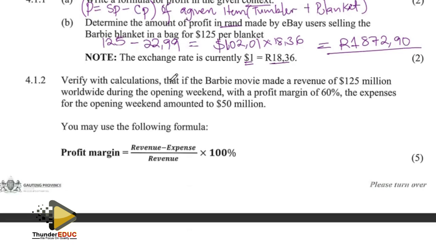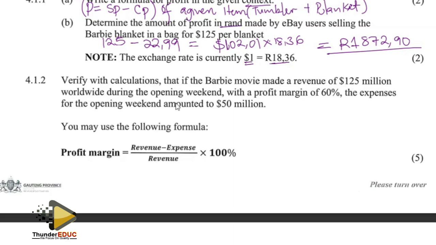Verify with calculations that if the Barbie movie made a revenue of 125 million worldwide during the opening weekend with a profit margin of 60%, the expenses for the opening weekend amounted to 50 million.